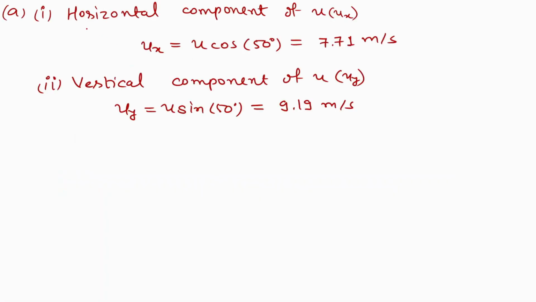Now the solution time. The horizontal component of u, I would say ux, is equal to u cos 50. Suppose this is the x-axis and this is the y-axis. The ball is going this way, and the angle made with the horizontal is 50 degrees. This is the u vector, the initial velocity vector.